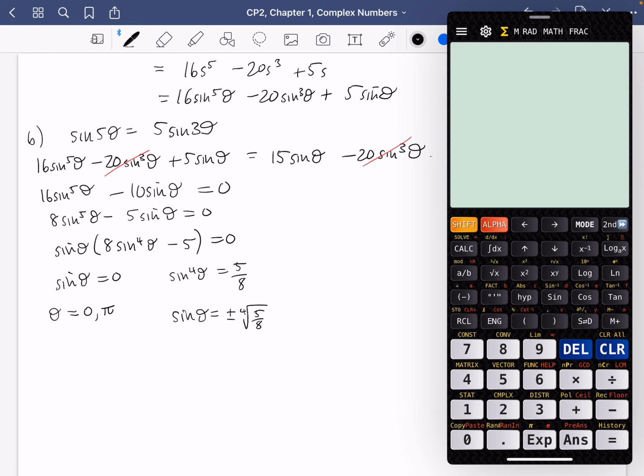So I'm going to do the 4th root of 5/8, which I have here. So sine theta is going to be equal to 0.88913, which is going to give me the values of theta.